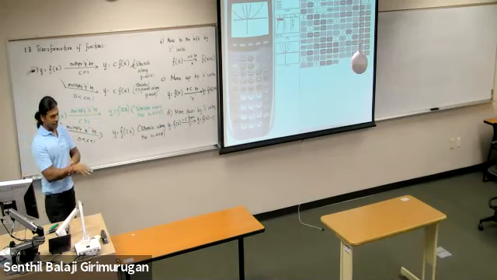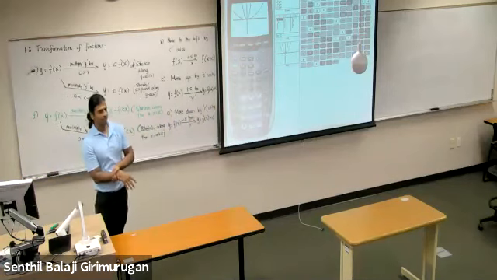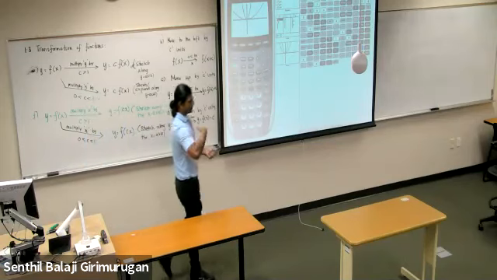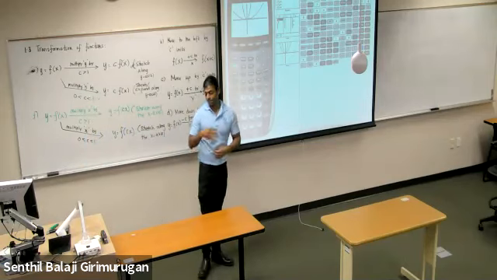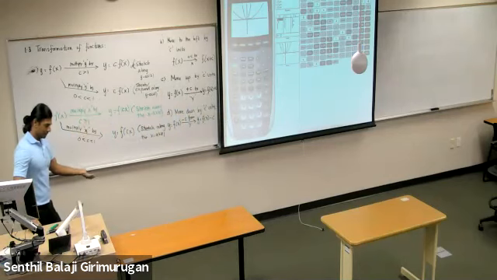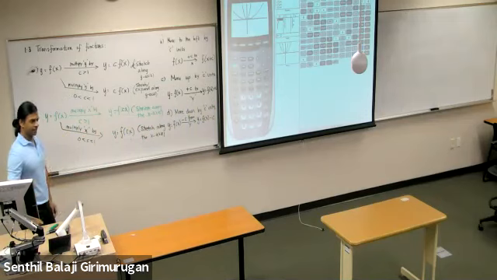And if you get the same function, is it even or odd? Even. If you change it to negative x and you end up getting a different function, a flipped function, then it is odd, right?